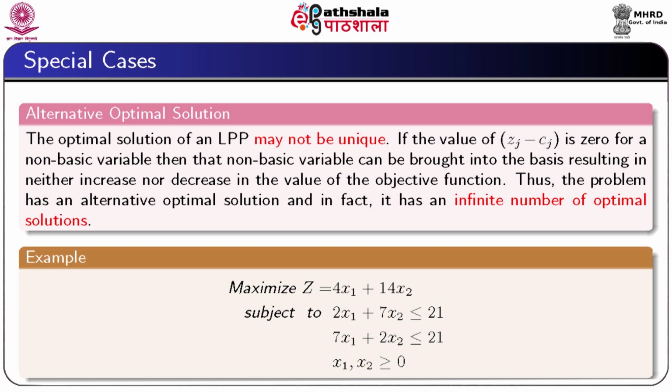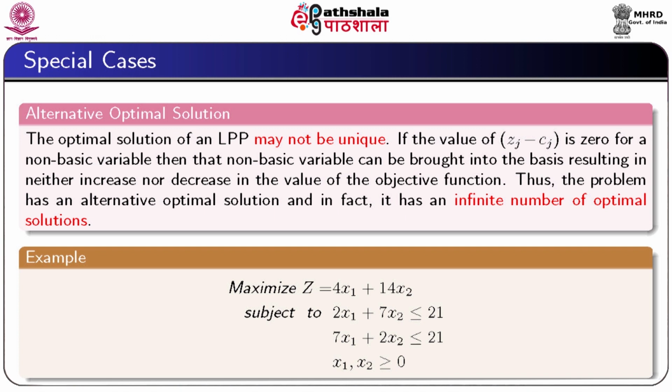Thus, the problem has an alternative optimal solution, and in that case we actually have an infinite number of optimal solutions. We will see how we can find alternative optimal solutions as well as an infinite number of optimal solutions for an LPP by an example.